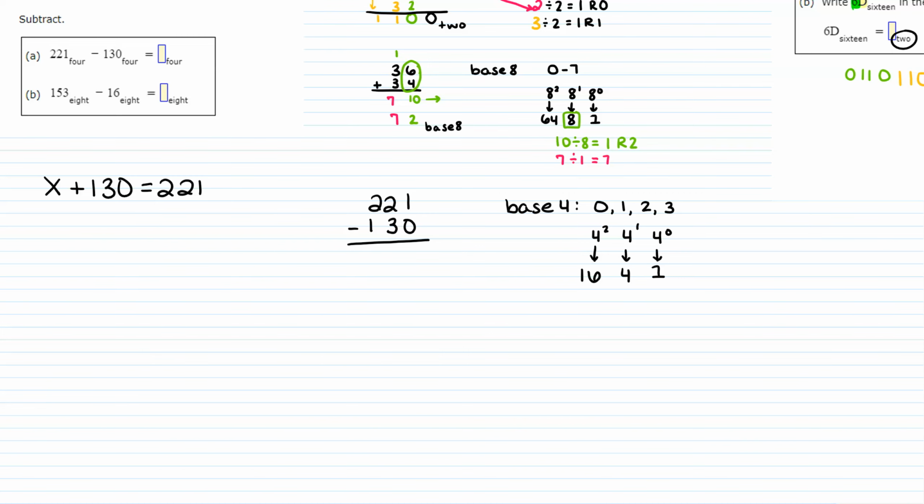So let's think about it in smaller numbers in base 10. Let's say that you want to know what plus 7 equals 25.